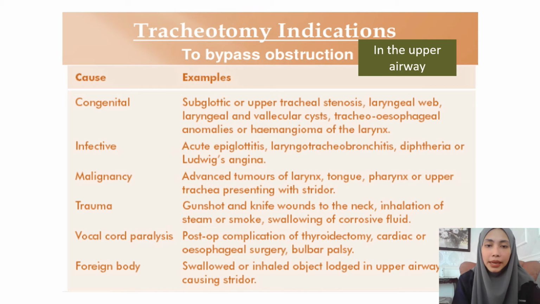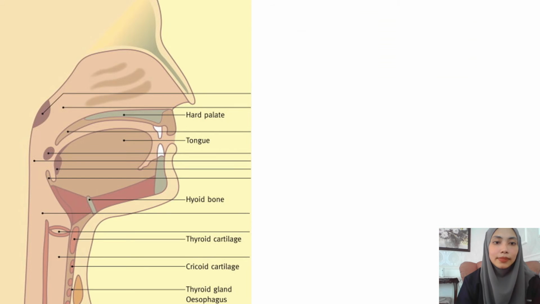And then in malignancy, for instance, advanced tumor of the larynx, base of tongue tumor, or hypopharyngeal tumor, and then trauma or inhalational injury causing edema of the upper airway, and then vocal cord paralysis or foreign body. Okay, so gambar ni menunjukkan upper and lower airway. So tadi saya dah listkan indication untuk buat tracheostomy.